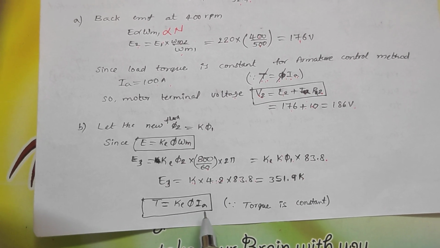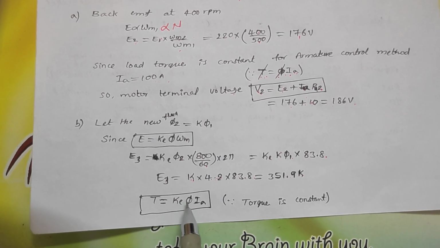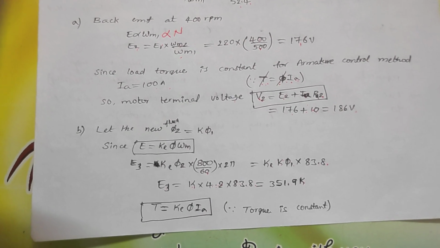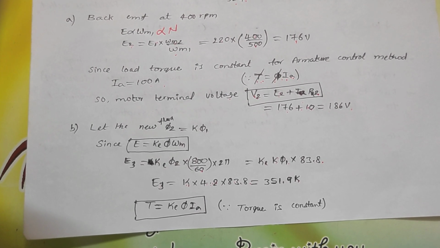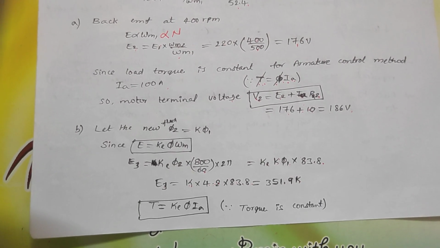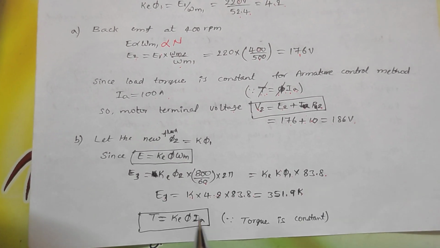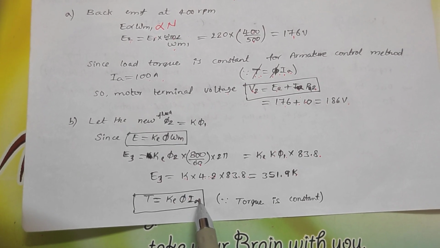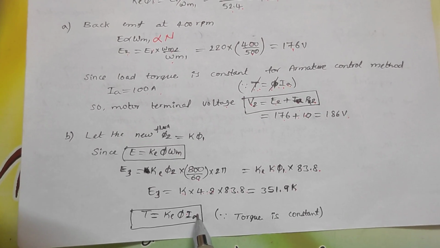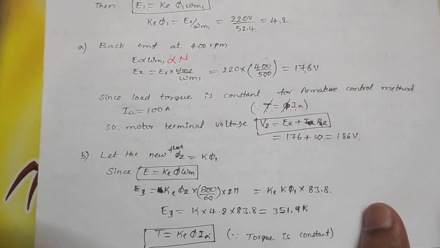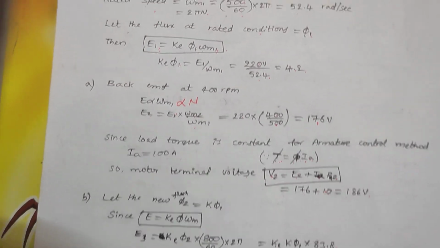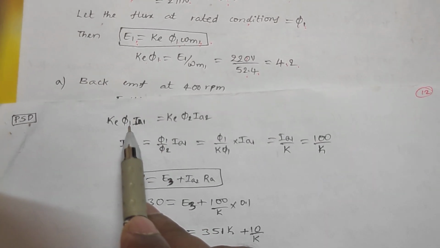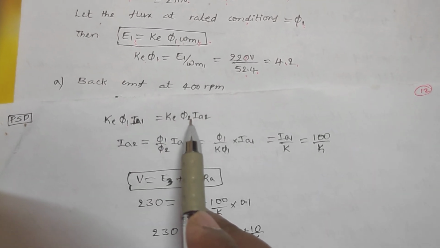Okay. Now torque T is equal to Ke phi into Ia. By using this equation, here torque is constant. So when torque is constant, Ke phi Ia is equal to constant. Then Ke phi 1 Ia1 is equal to Ke phi 2 Ia2.